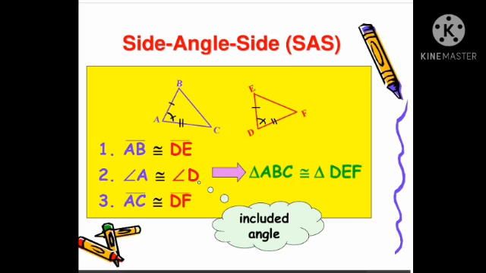One triangle is ABC, another is DEF. According to SAS, these two triangles are congruent because AB is congruent to DE, angle A is congruent to angle D, AC is congruent to DF. Here the angle is between the two pairs of sides. So we can say SAS congruency rule.